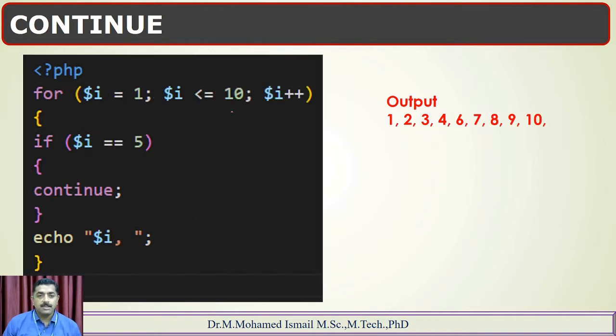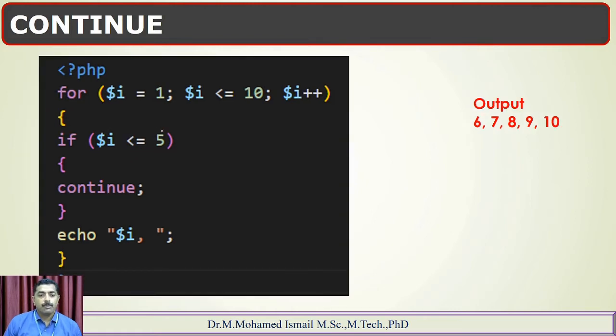Again the same example with bigger values, 1 to 10. If i equal to 5, it skips the current iteration and follows the next iteration. So 1, 2, 3, 4, once it becomes 5 it will not print, and the next iteration continues. One more example: if i is less than or equal to 5, I am using continue.